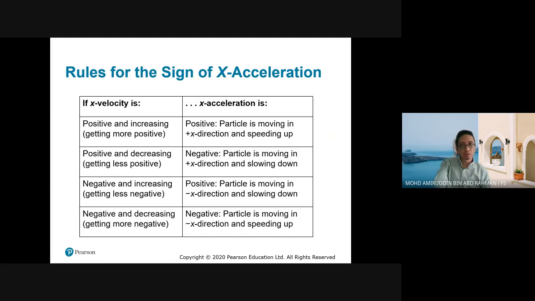So the rules are similar, like the velocity, except that here we use the velocity for calculating the acceleration rather than the position.